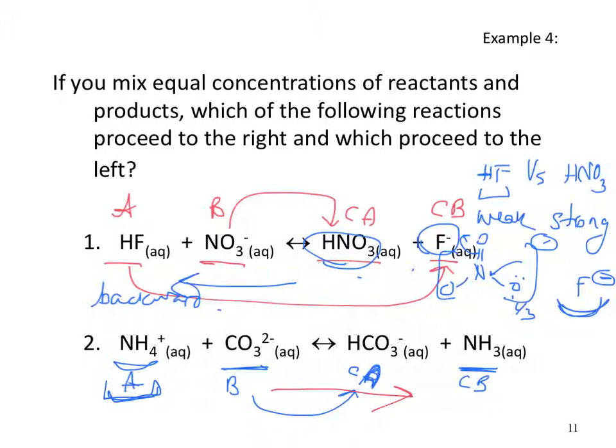Now, just to make sure that everybody is on board with the idea, I'm just going to go over a couple more problems. The question is, let's say, label as conjugate acid, conjugate base.